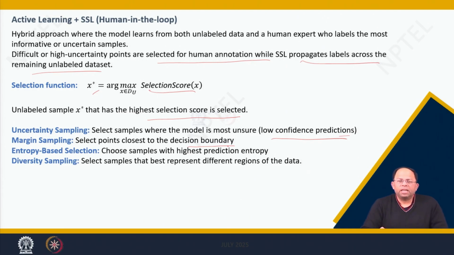Then entropy-based selection, that is, choose samples with highest prediction entropy, where we have already learned what entropy is earlier during decision trees. Then diversity sampling, where we select samples that best represent different regions of the data, could also be brought in. That means we would be doing annotation using those samples. So this is the selection function for the values which would need to get annotated by a human being.